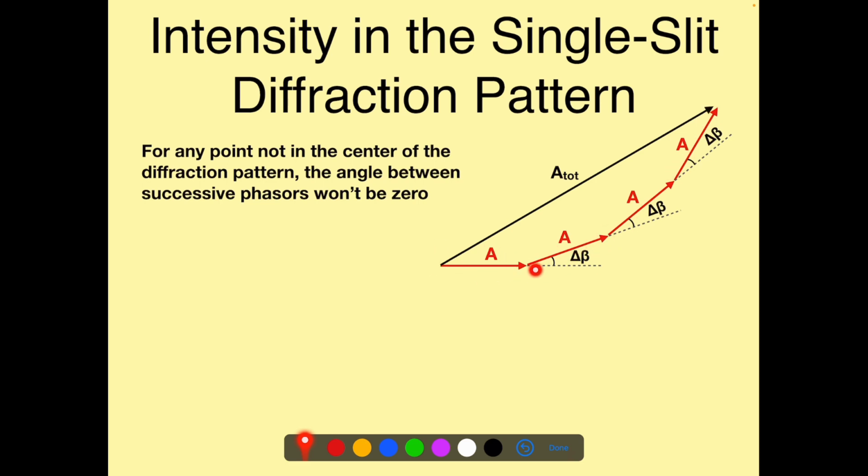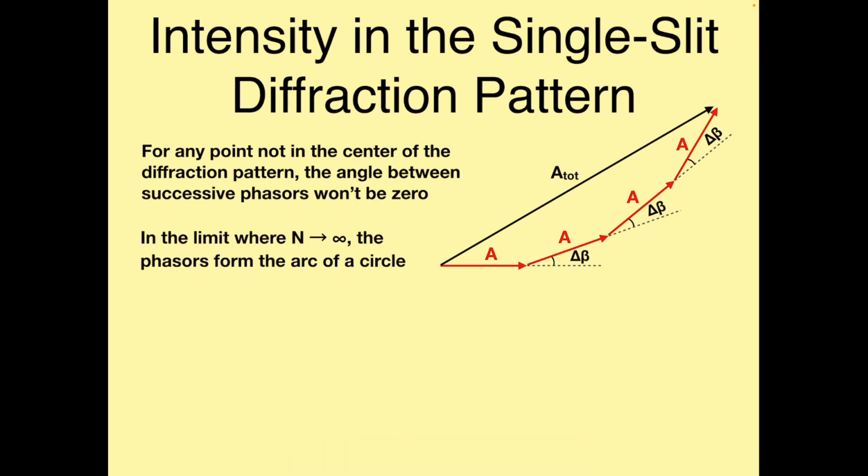Okay, so the more phasors we have, the more this begins to resemble an arc on a circle. It looks like a curve rather than a bunch of line segments connected end to end. In fact, if n goes to infinity, we have an infinite number of these phasors, then they will actually form an arc of a circle. Okay, that's the shape that this will end up becoming in the limit where n goes to infinity.